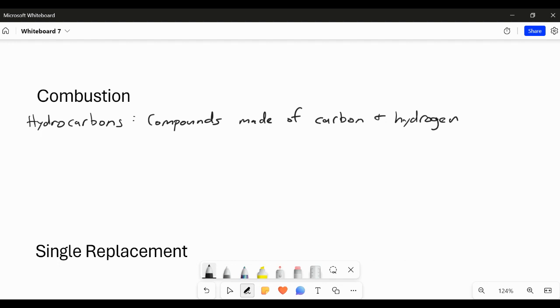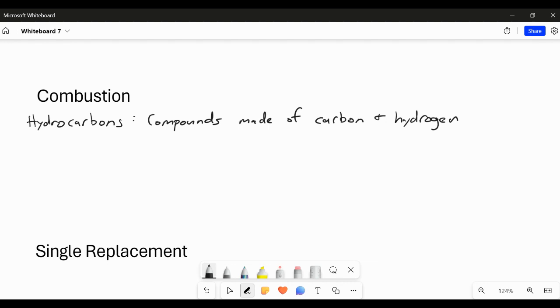Because we're focusing on hydrocarbons, our combustion reactions are always going to produce two distinct products. They're always going to form carbon dioxide and water. That's just how these reactions work.